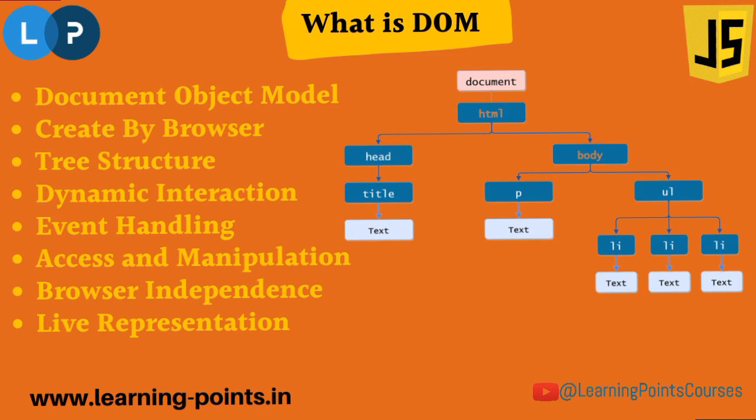The next thing is the DOM provides a standard way for JavaScript to interact with the structure and content of web documents across different web browsers. So this helps ensure consistency in behavior regardless of the browser being used. So basically the DOM is browser independent, right?